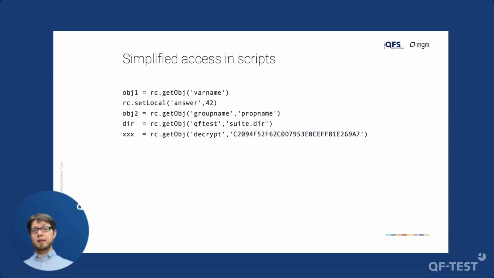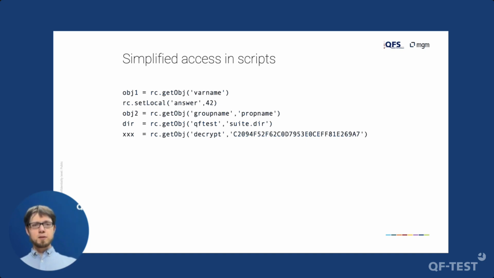This also works, for example, for this new special group which was introduced in QFTest 9, which is the decrypt special group. So where you have some encrypted value, you can use it with decrypt to decrypt it and then use it, for example, for setting up a database connection or whatever.